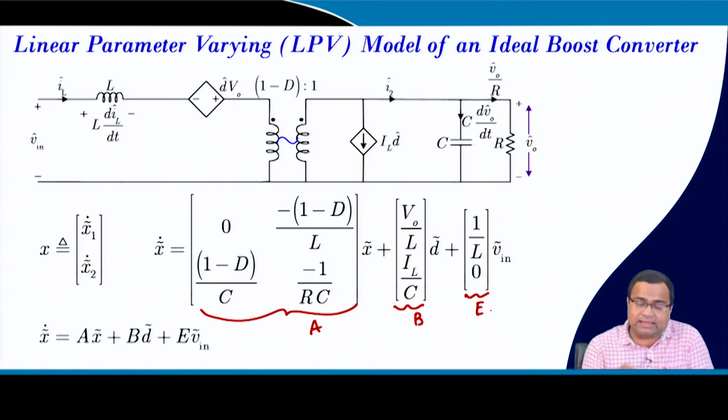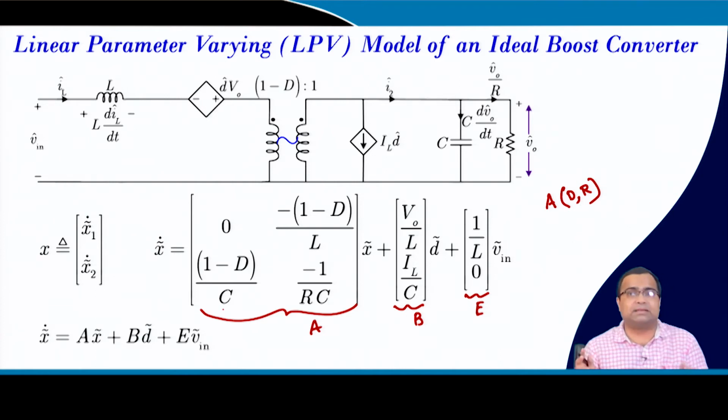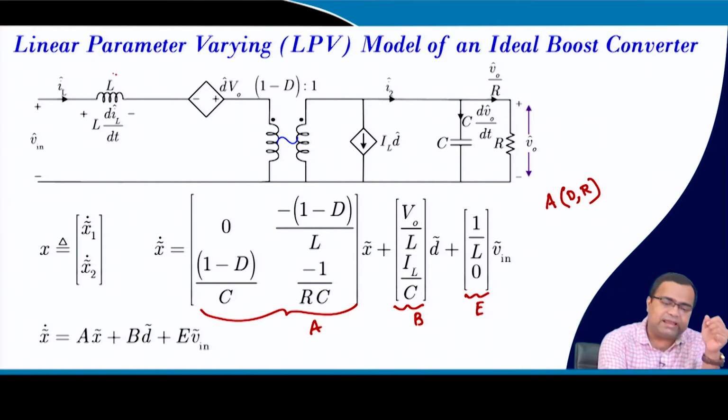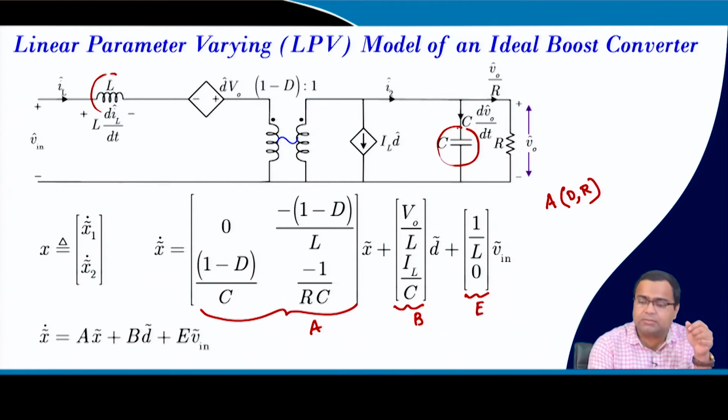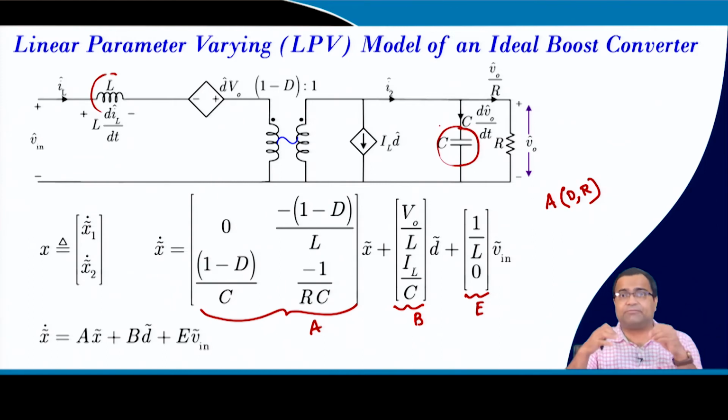Now, you will see the A matrix has the information of the duty ratio and the load resistance, and L and C are the system parameters which are generally fixed during the design process. That means, we generally do not vary the inductor or capacitor, but in a practical circuit there can be variation of inductance and capacitance, because the inductance comes from the magnetic BH curve.